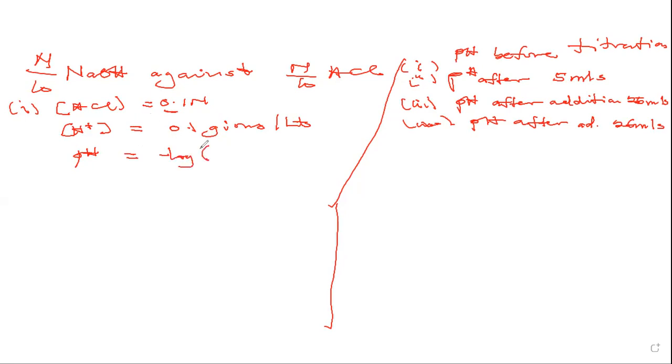In this case, our H plus concentration is 0.1. And so by punching this, we are going to get a value of 2 to be our pH. So this is the pH before titration. I hope we all understood this.